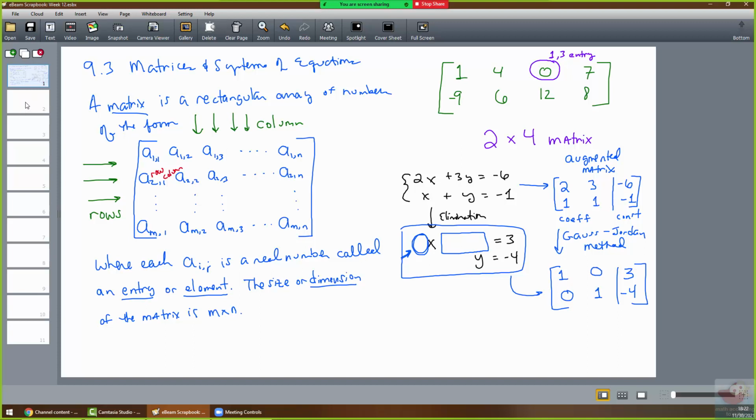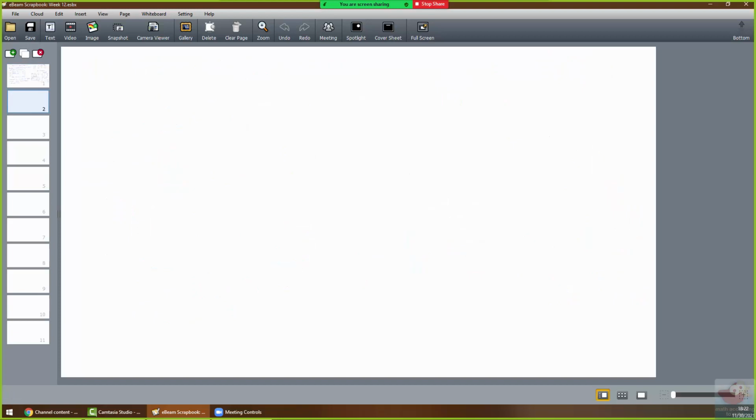We are allowed to do 3 things. These are called your elementary row operations. You are allowed to swap two rows. And by the way, we're going to write some notation next to this, so I don't know if you want to leave room in your notes.